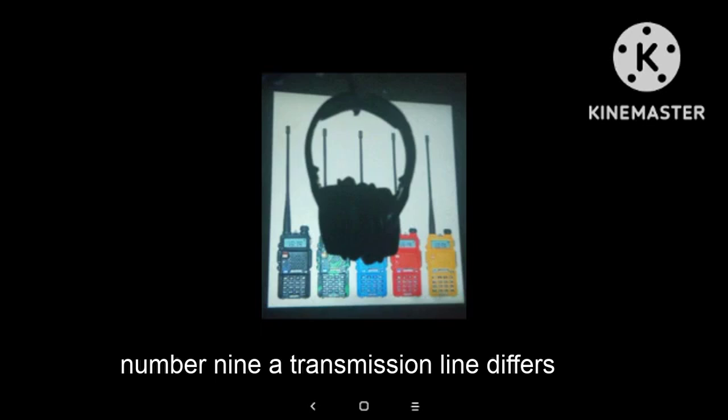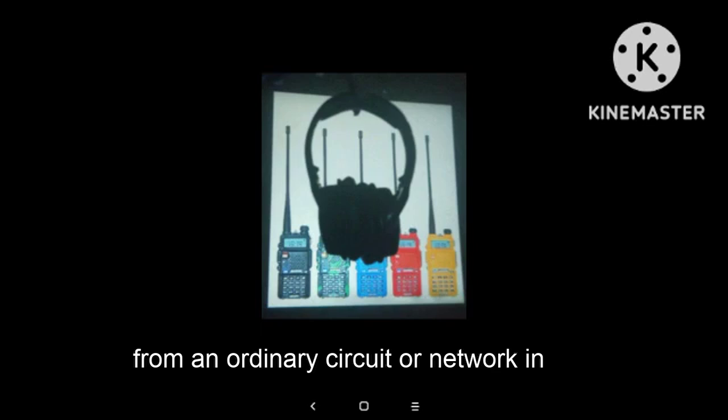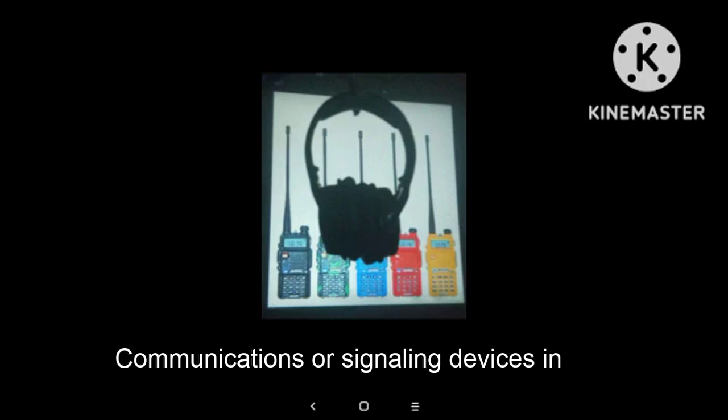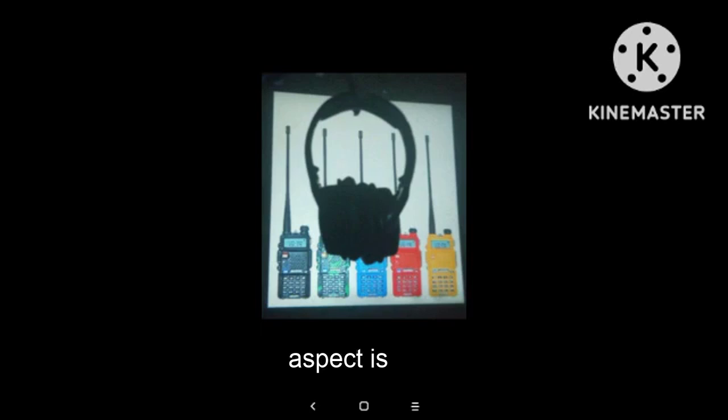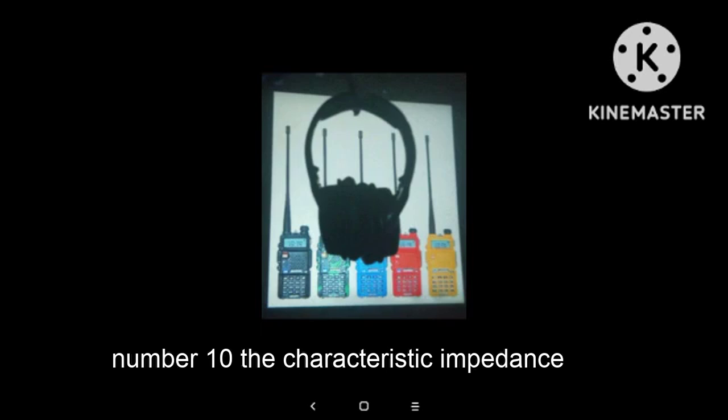Number 9. A transmission line differs from an ordinary circuit or network in communications or signaling devices in one very important way. That important aspect is propagation delay. Number 10.